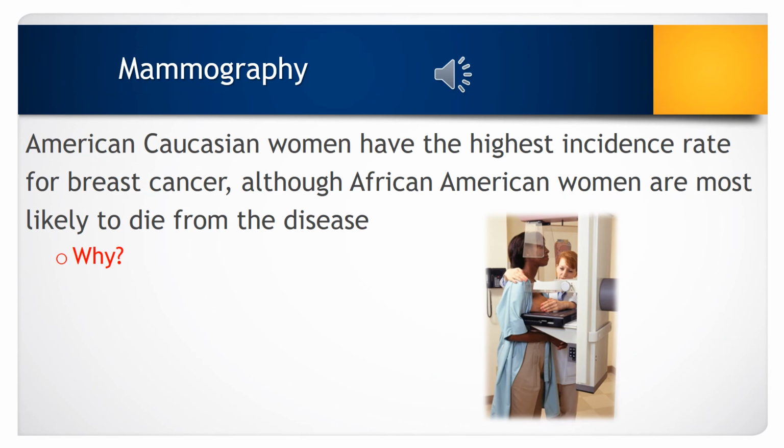According to the National Cancer Institute, women age 40 or older should have mammogram screening every 1 to 2 years. It should be done earlier if the woman is high risk for breast cancer.